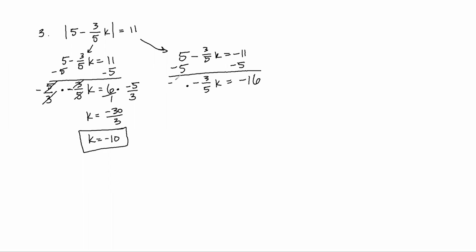Multiply both sides by -5/3. And again, on the left side, everything should cancel nicely. So we get k equals.